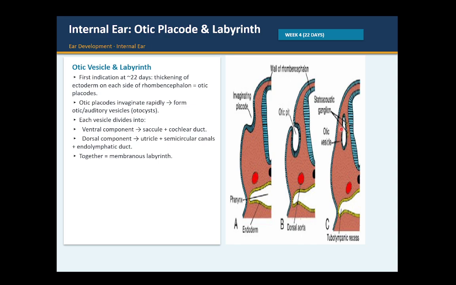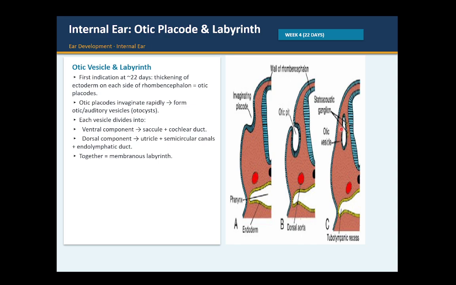So you can also see it here: the rhombencephalon, which is going to give rise to your pons and medulla, and just next to it is this vesicle, which is called the otic vesicle. It has arisen from the surface ectoderm. The surface ectoderm has invaginated, detached, and formed a vesicle. Now it becomes a circular or spherical structure, like this. This is called the otic vesicle.